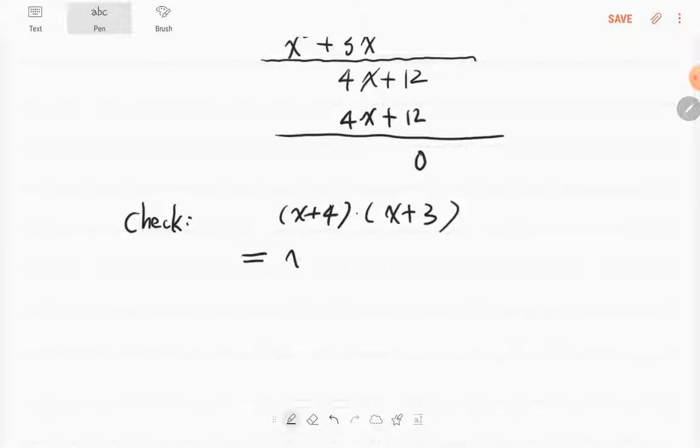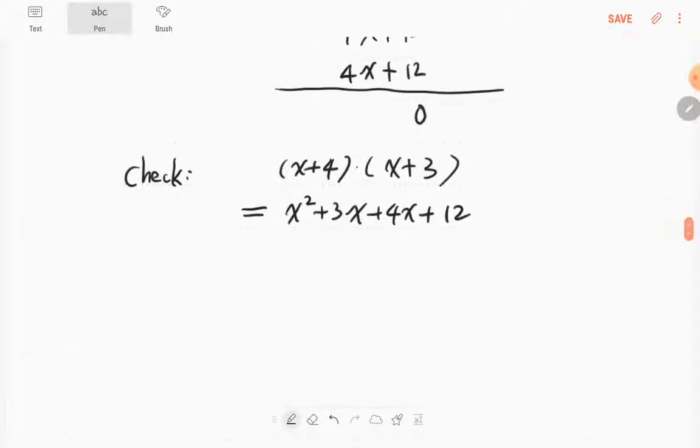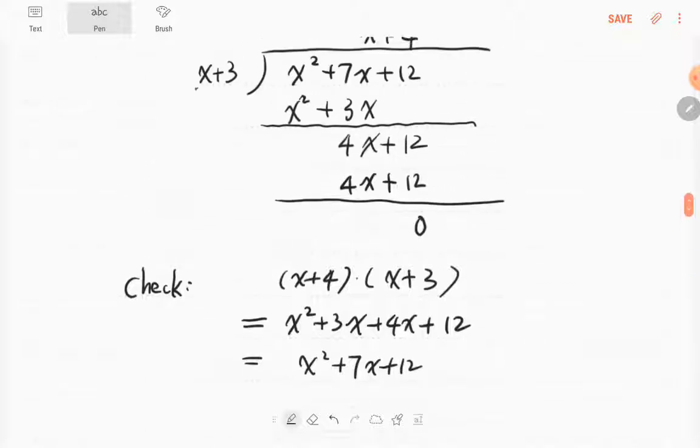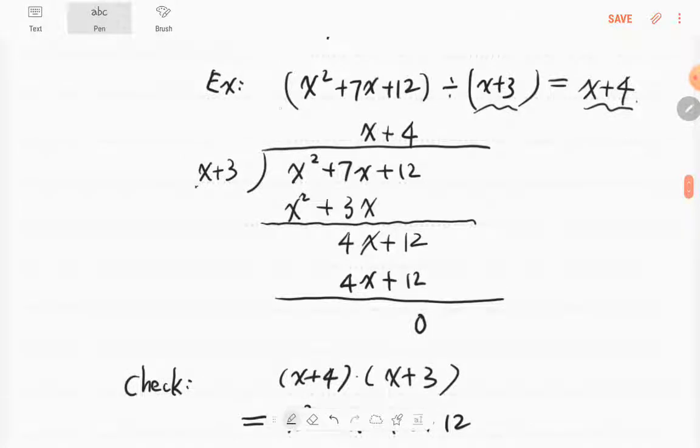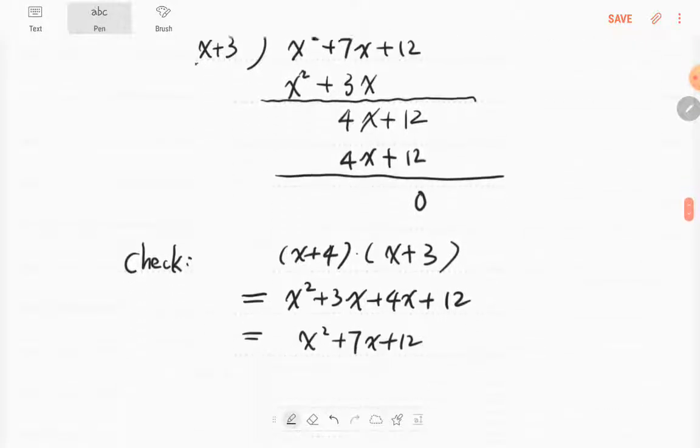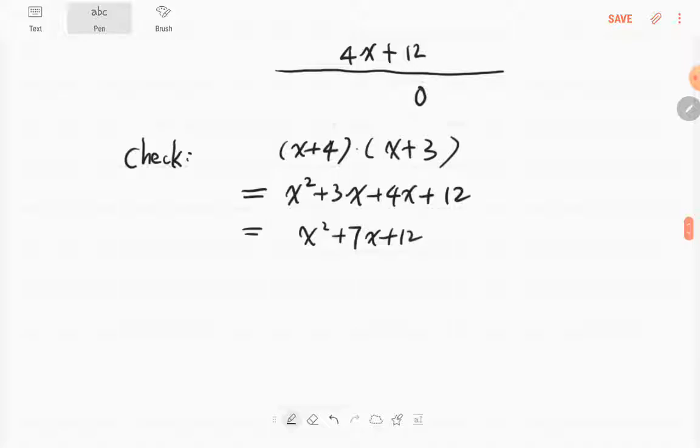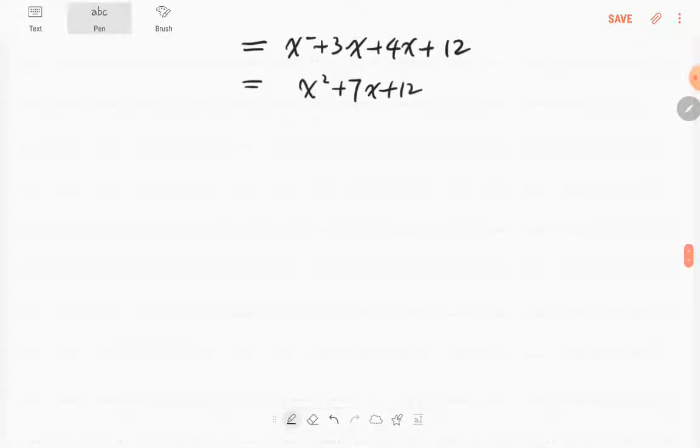Start with x squared plus 3x plus 4x plus 12. So we combine the like terms, we will get this polynomial. And we compare this one to the original one, we realize it's just the dividend. So we could always use multiplication to check if we do the division correctly or not.